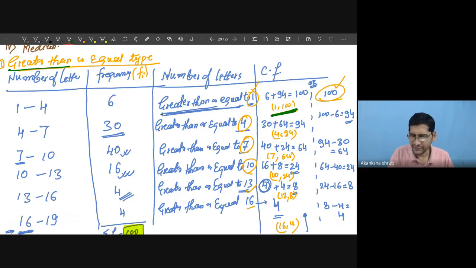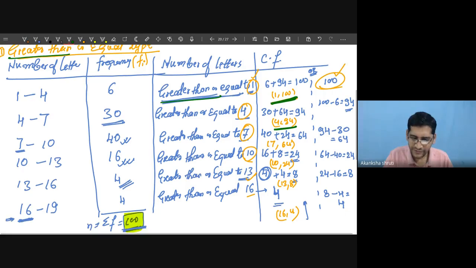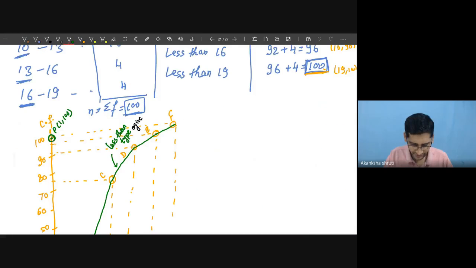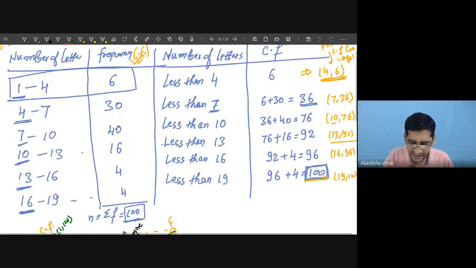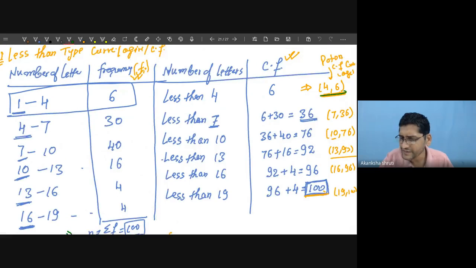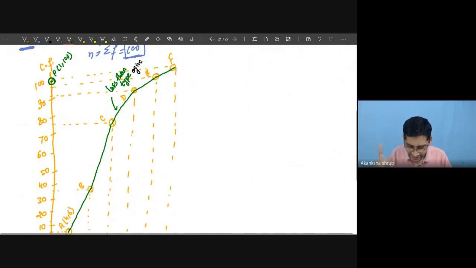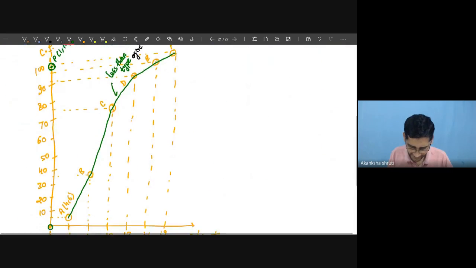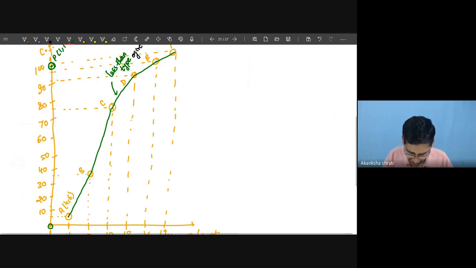Okay, observe it carefully. The next point is at 4 we shall take 94. Be careful. At 4 we need to take 94. But for the less than type, what was it? At 4 it was 6. So it will give a different point. That is important.